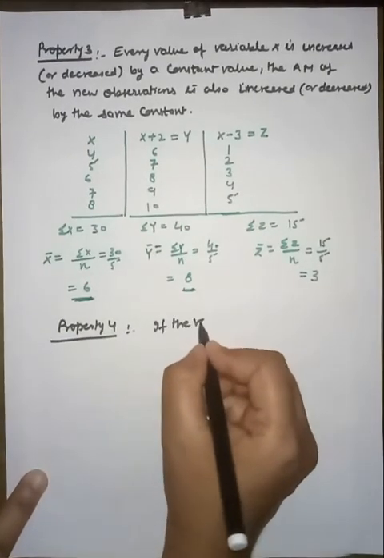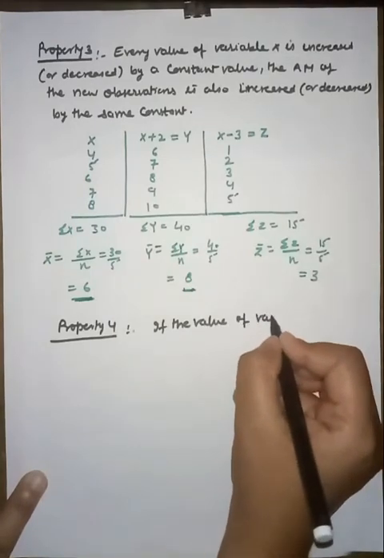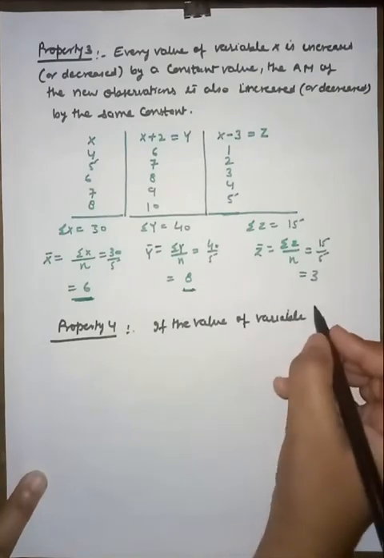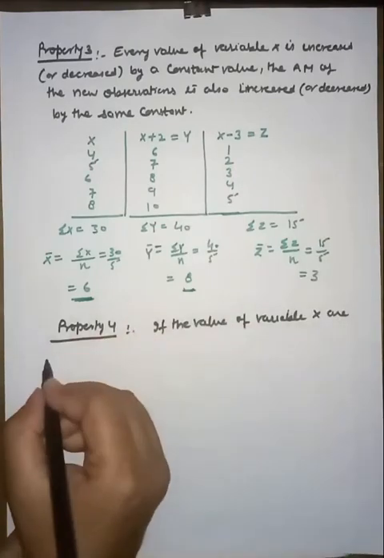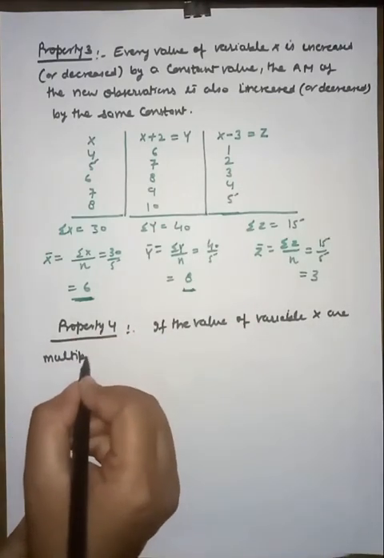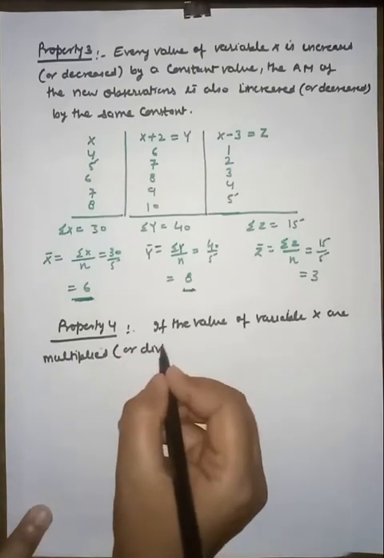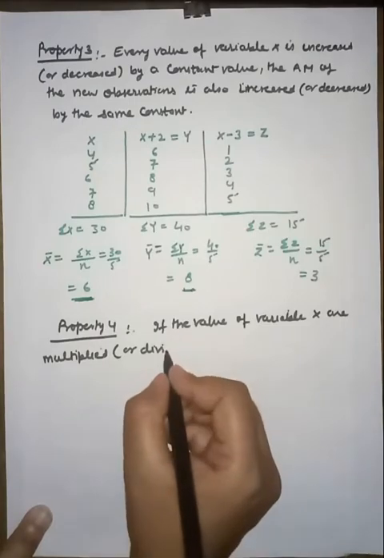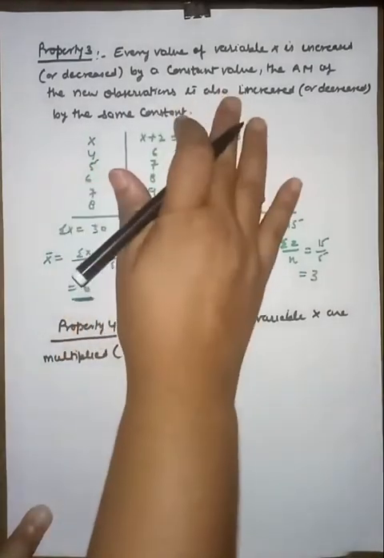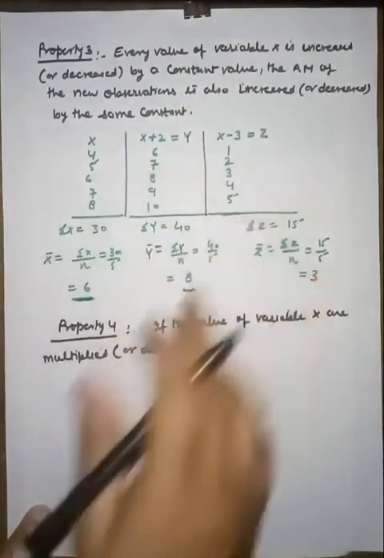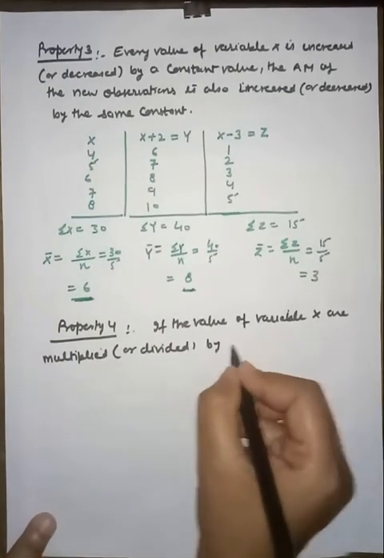If the values of variable x are multiplied or divided. In property third, I used increased or decreased, addition or subtraction. Here I am using multiplied and divided by a constant.